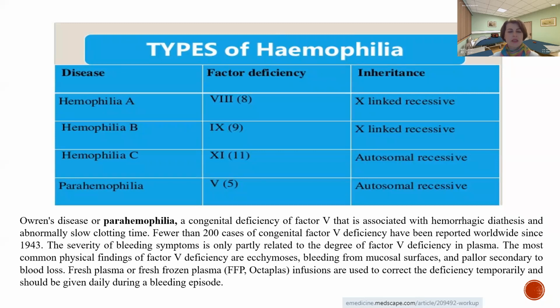The severity of bleeding symptoms is only partially related to the degree of factor 5 deficiency in the plasma. The most common physical findings of this deficiency are ecchymosis, bleeding from mucosal surfaces, and pallor secondary to blood loss. Fresh plasma or fresh frozen plasma infusion is used to correct the deficiency temporarily and should be given daily during a bleeding episode.